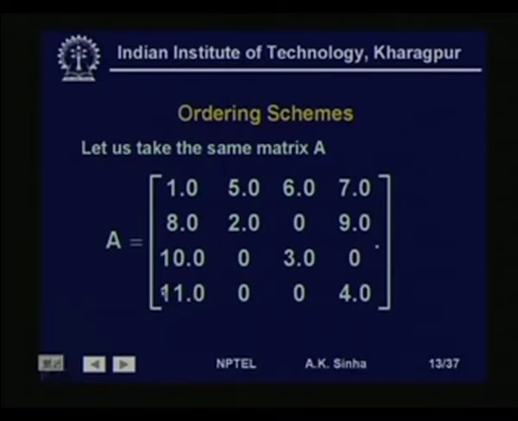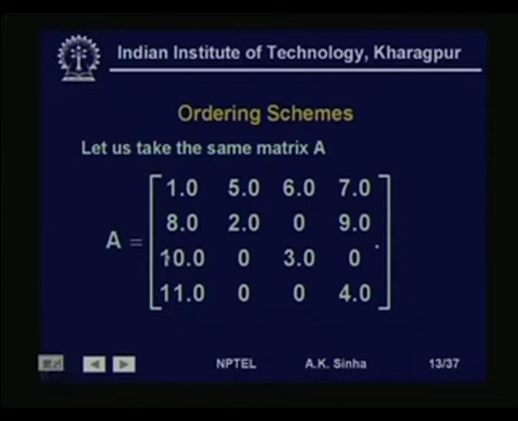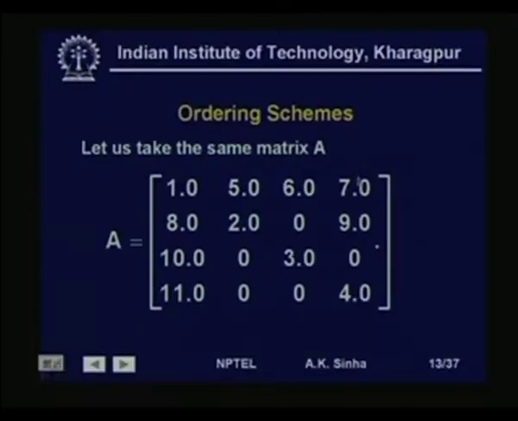Let us choose this row as row 1. So, now we have ranked row 4 as 1 and row 3 as 2, that is, the 4th row and column are now ranked as 1 and 1. So, this is 1 and this is 1. Similarly, this is 2 and this is 2.